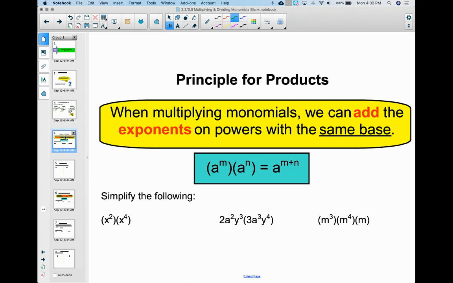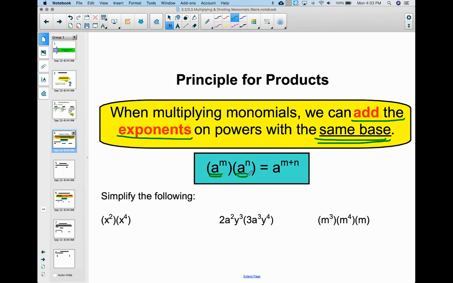When multiplying monomials, we can add the exponents on powers with the same base. So if we have a to the power of m and a to the power of n, then we can add m and n as long as the base is the same. In this case, it is a.